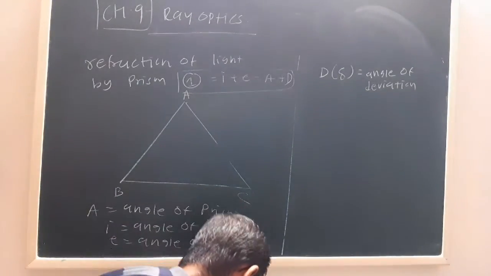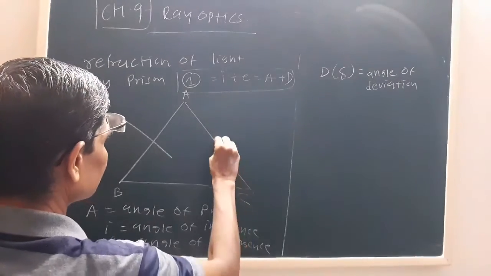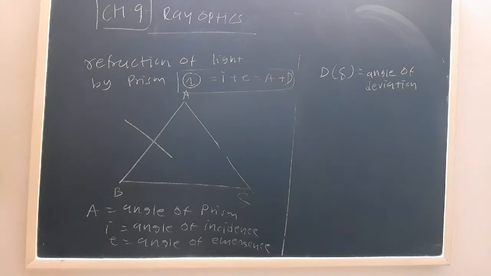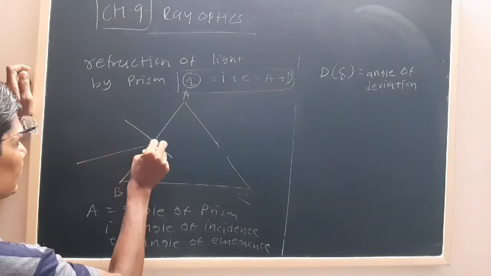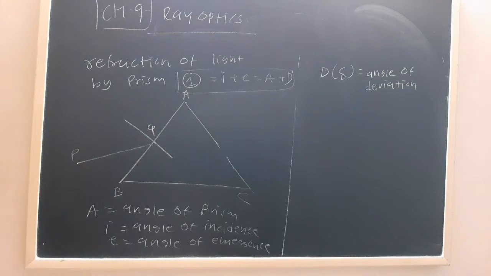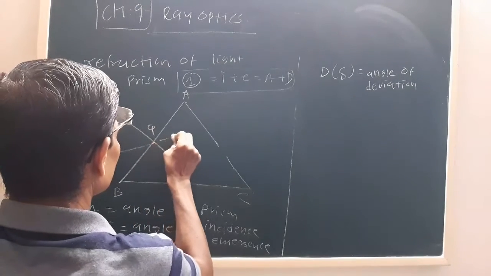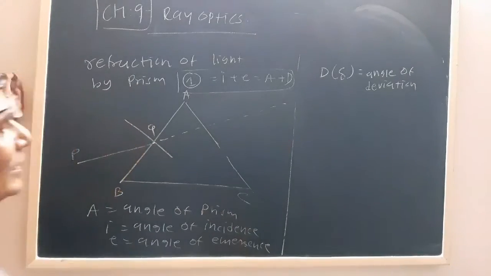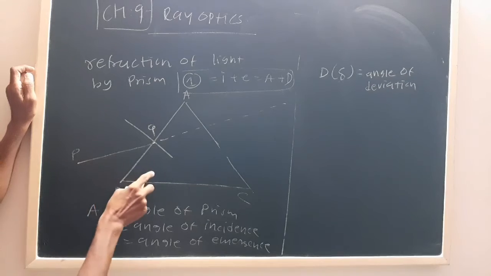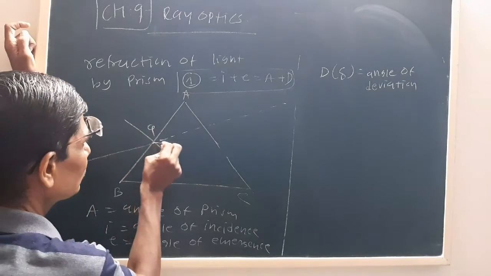Now here we have to take refraction due to prism. Let us say this is a normal to AB surface. Now the first ray, let us say PQ is incident ray. Now this is the original direction. But we know when it travels from a rarer medium to a denser medium, it bends toward the normal.